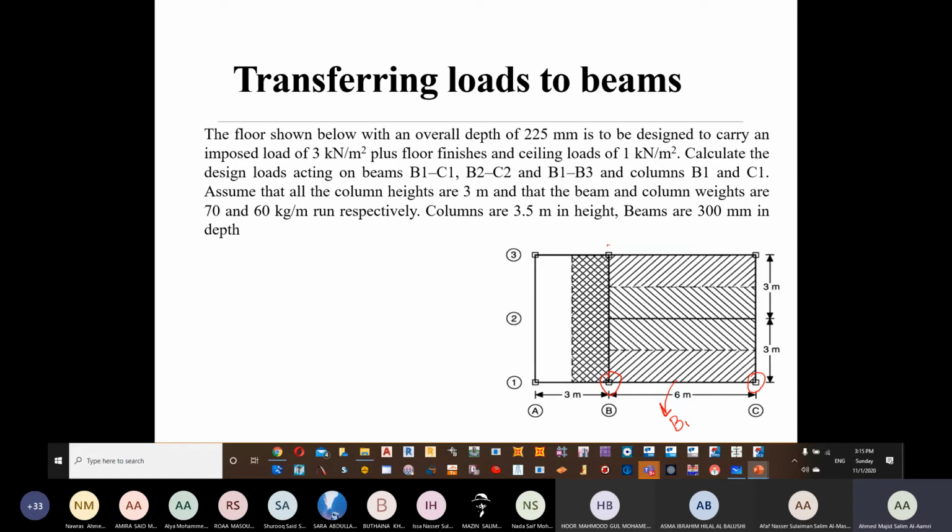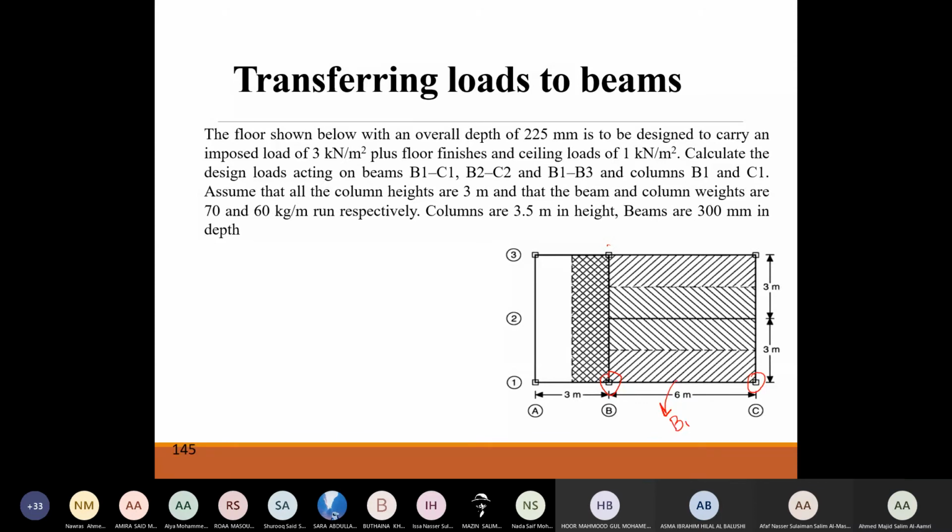And then we have B2, C2. Okay, so this is beam number 2. And then we have B1 to B3, so this is going to be beam number 3.